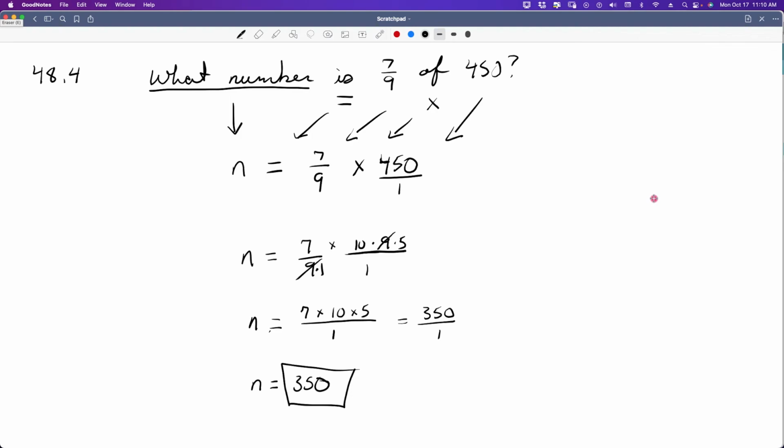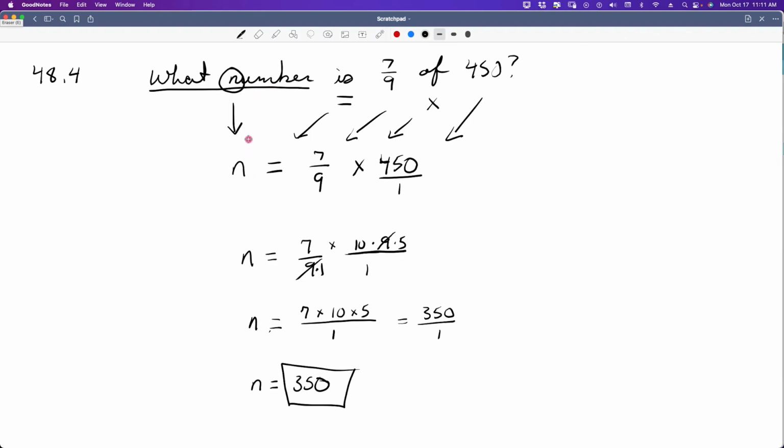If you have any questions about this type of problem and how to set it up, please ask. Also, go back and rewatch the video, because it's very clear that whatever it is, that's your variable. And then I just use the first letter of whatever it is to represent the variable for that question.